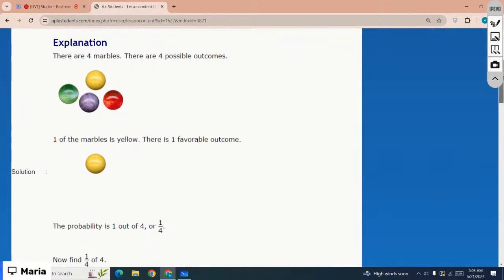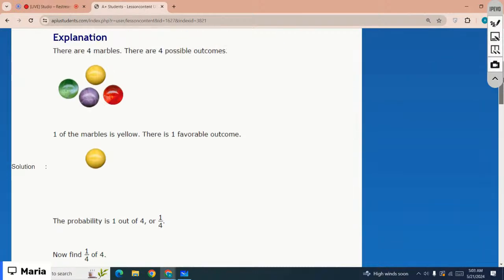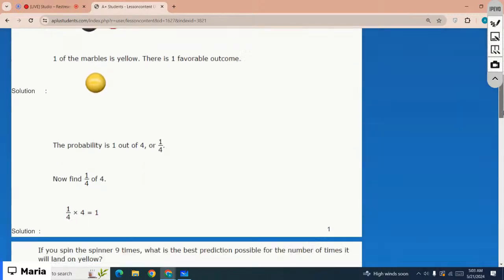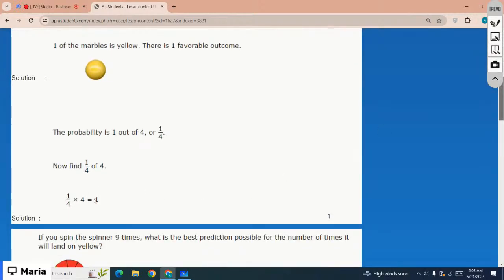So the probability for the yellow is 1 out of 4 because you have only one yellow out of the 4 marbles. Now you did that 4 times, so you have to do 4 times 1 by 4. So if you pick marble 4 times, you have only one chance that would be the yellow, right?